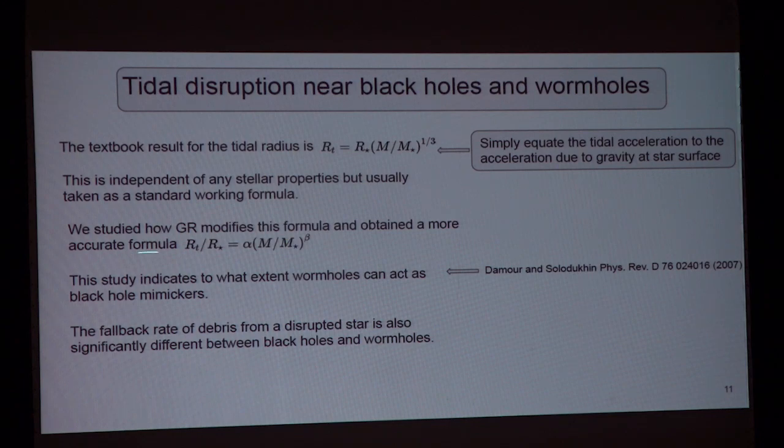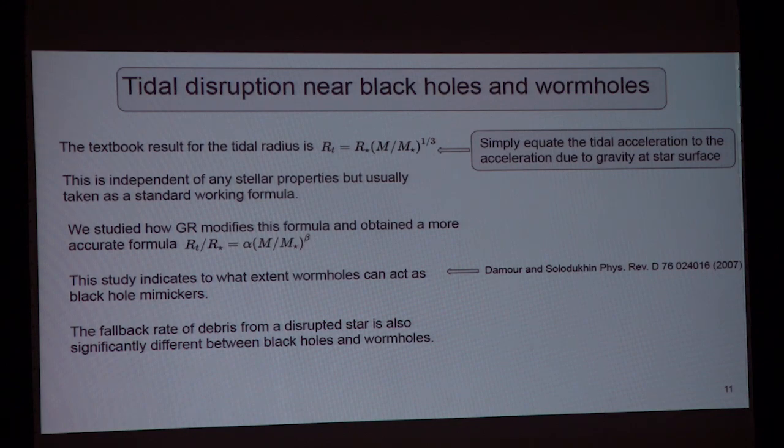This also indicated to what extent wormholes can act as black hole mimickers, because remember that Damour and Solodukhin, in their famous paper in 2007, showed that various observable properties of black holes are shared by the wormhole solutions as well.